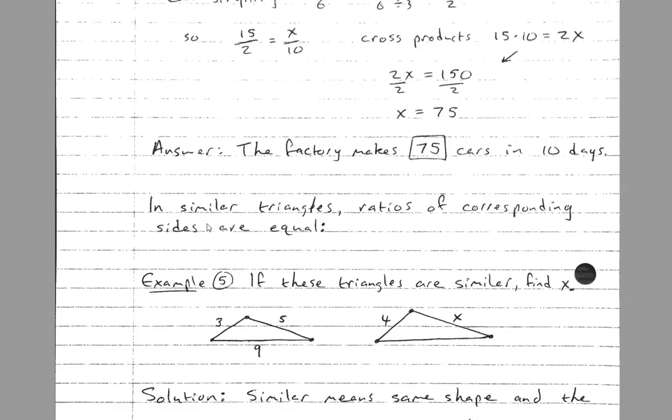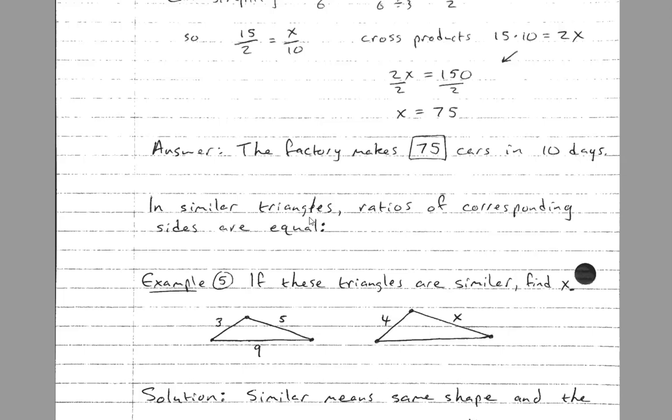And the last topic in this chapter, similar triangles. Okay, so two triangles are similar if they're the same shape, but one could be smaller, one could be bigger. Really, they have the same angles.